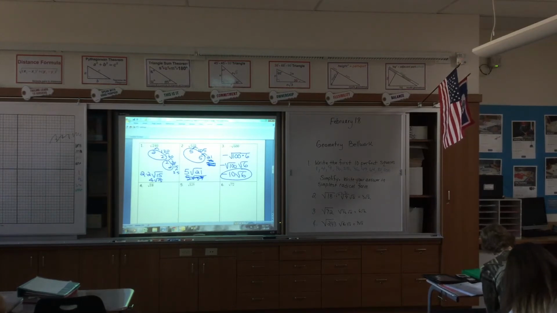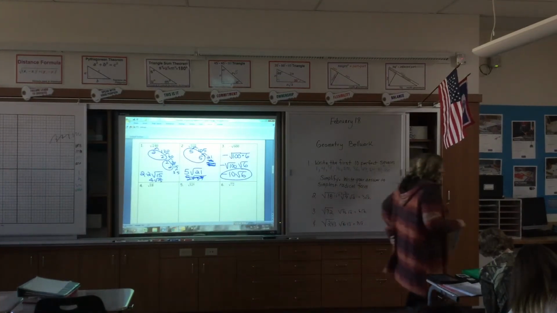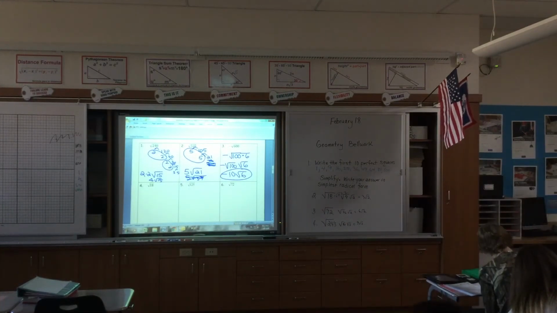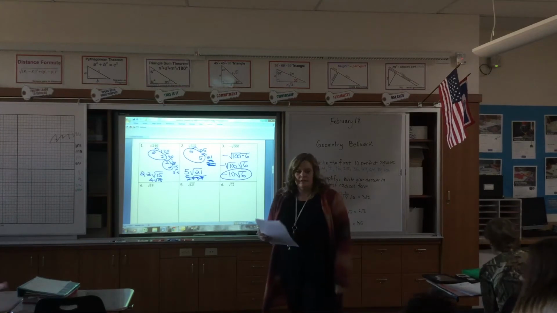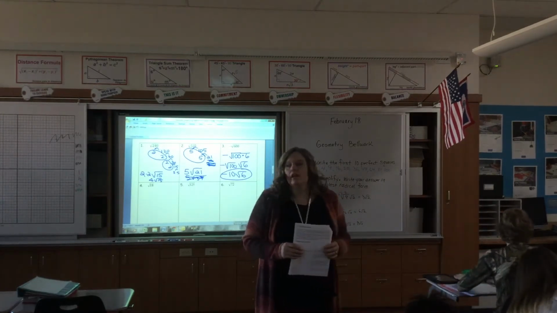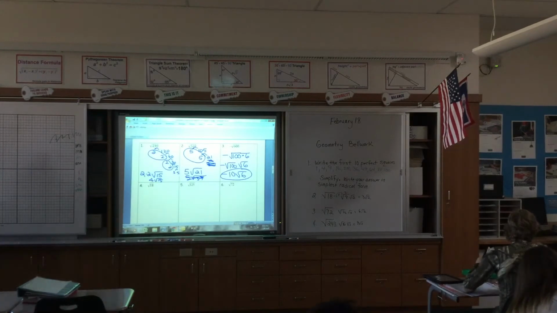Okay, I want you guys to do the next 6. Work with them at your table, and I'll come around and check them. And some of you might already be done, because you get it. And then we're going to rationalize some denominators. You're still missing a perfect square in 8. So keep going on that one. And the rest are right. So do number 6. Keep going.